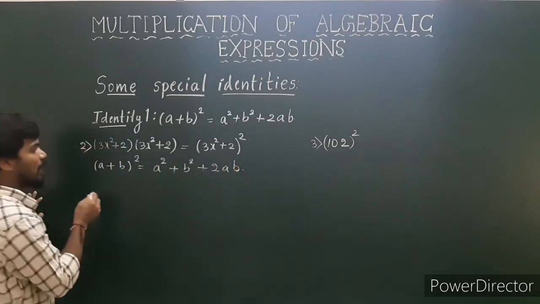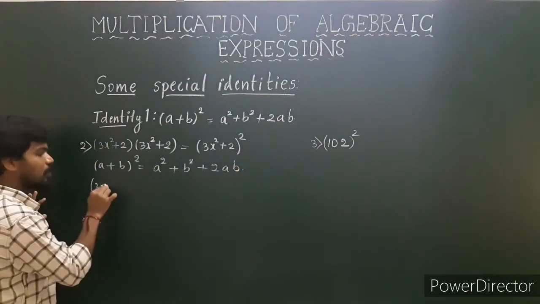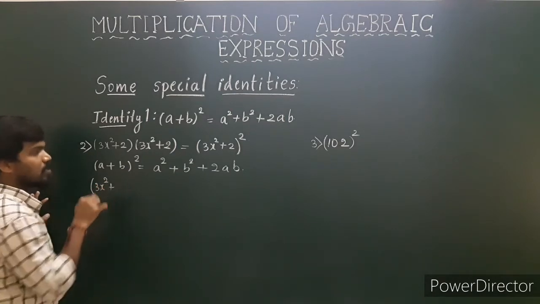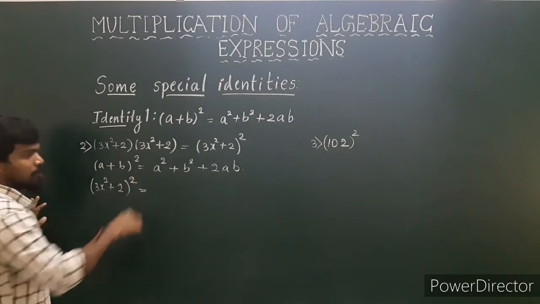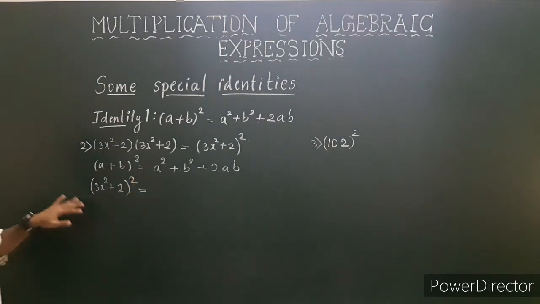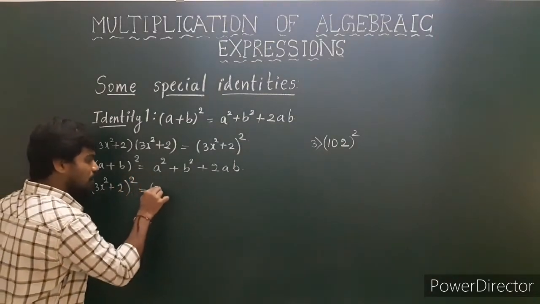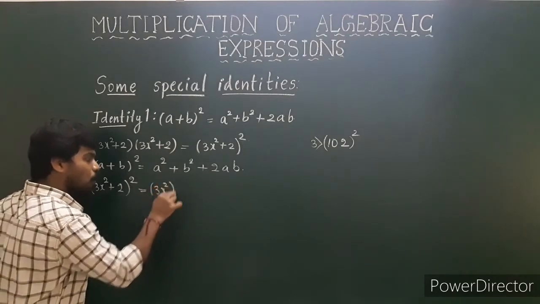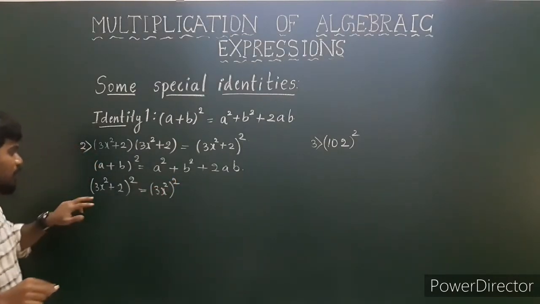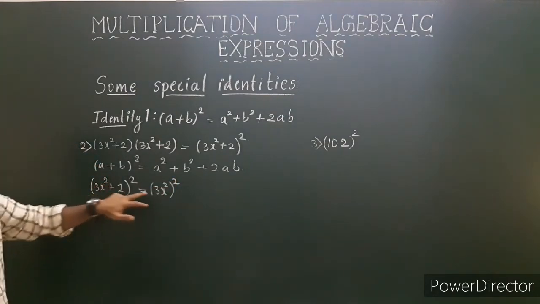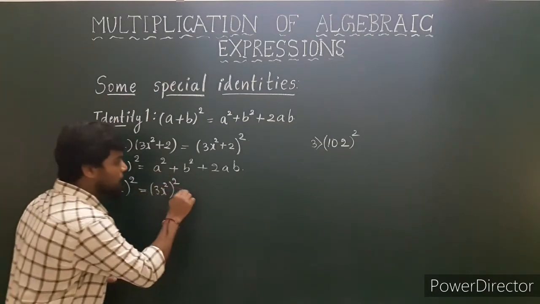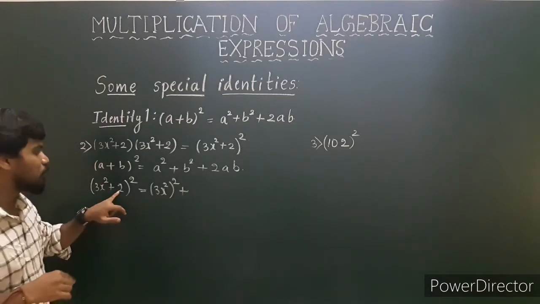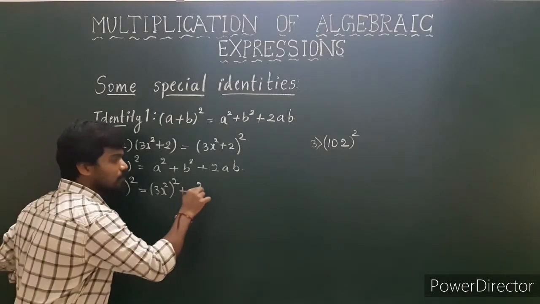Now in the place of a you have 3x square, in the place of b you have 2. So substitute as it is. In the place of a you have (3x square) whole square, and b square means b is 2, that is 2 square.